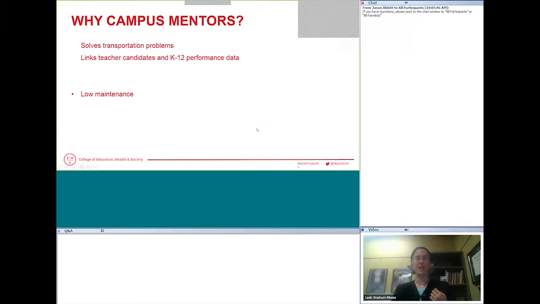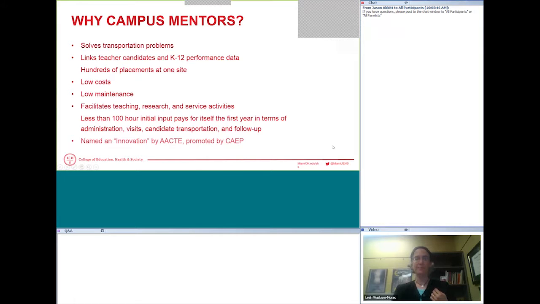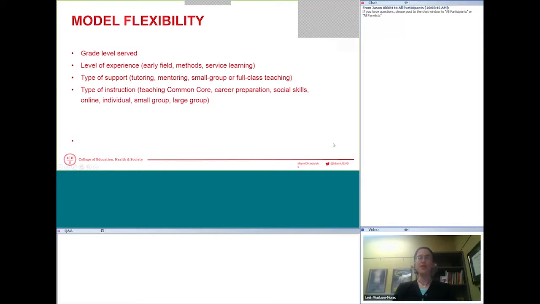And just clicking through again, a lot of you had mentioned wanting to know more about what you can do with this model. So as you can see, you can serve different grade levels, and that's really something to present to your partnering district about what you can do with this.